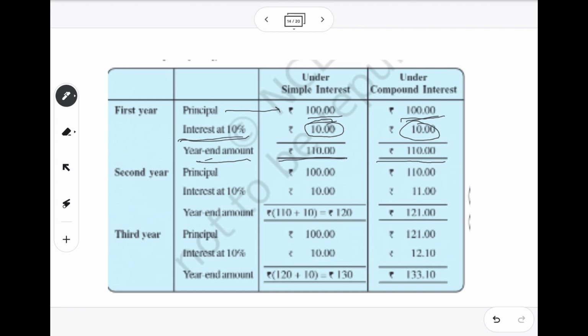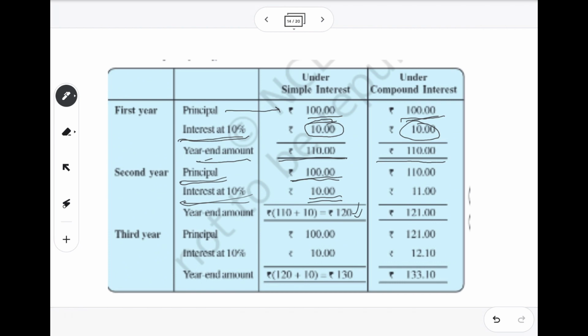Let's see what. The principal amount remains same under simple interest as the initial, so it would be again 100, and the same interest is applied in case of simple interest. So it is 10% of the initial principal amount, which is 10. So year end amount would be 120.